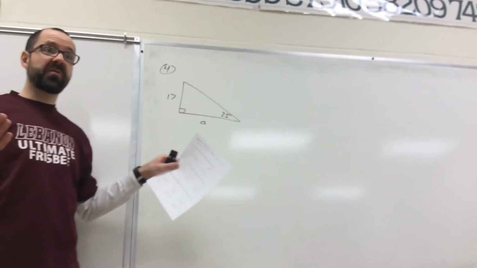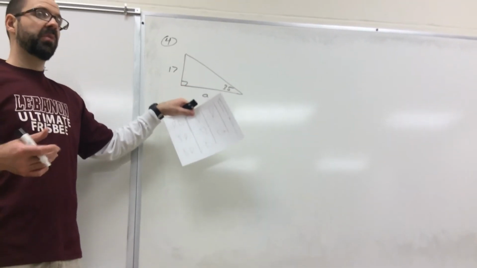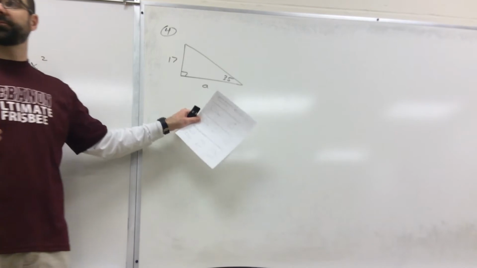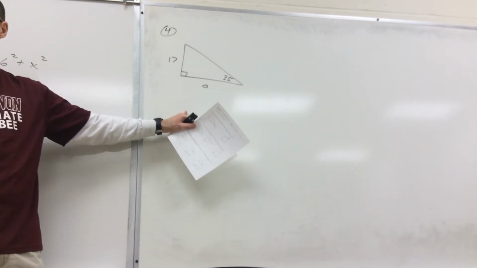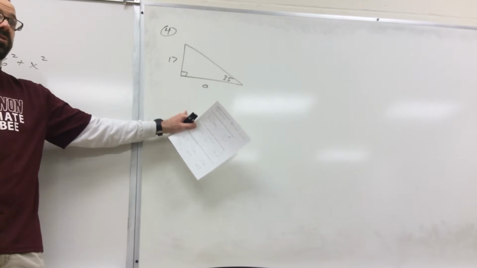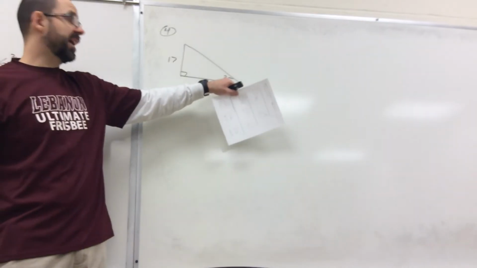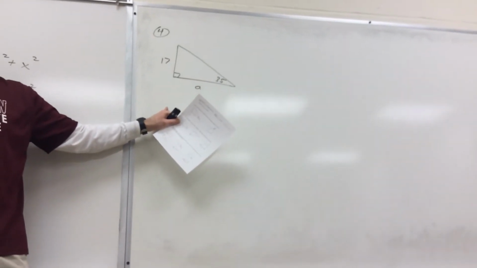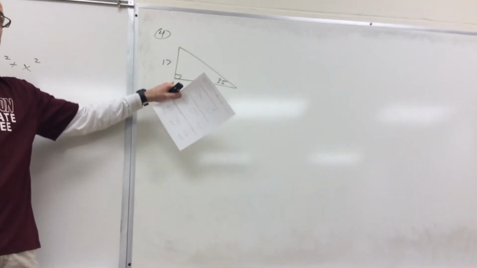Pythagorean theorem's fair game because it is a right triangle, but we don't have enough info to use that. You would have to use one of the trig fractions, sine, cosine, or tangent, because you do have the angle and a side. And the trig ratios are fair game because it's a 90-degree angle.